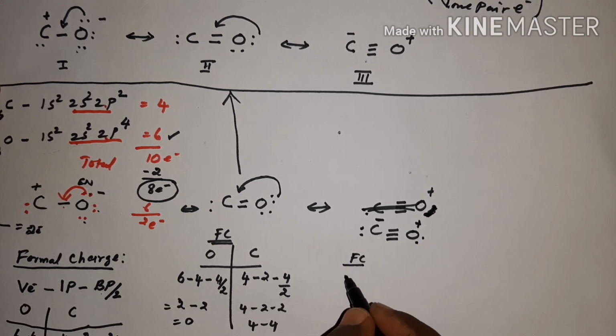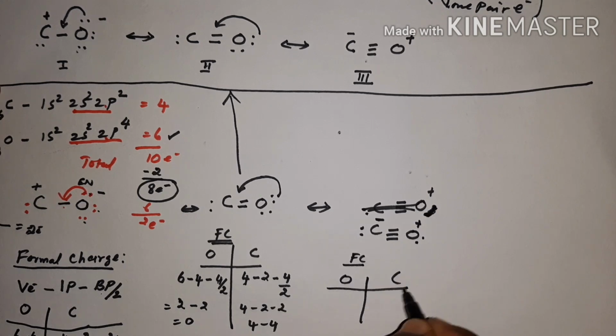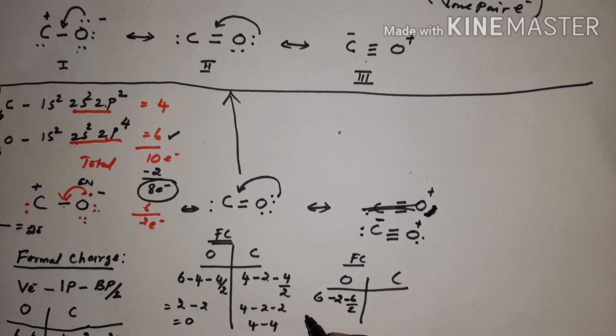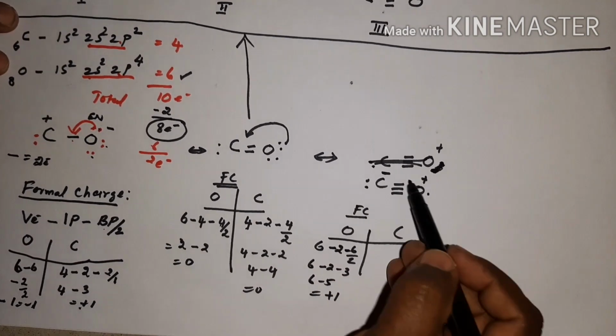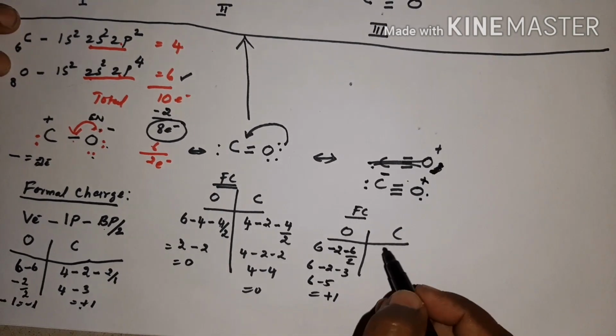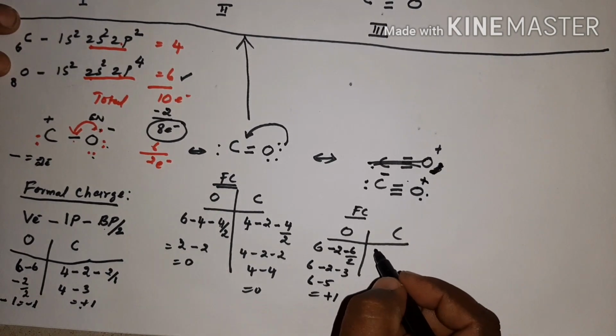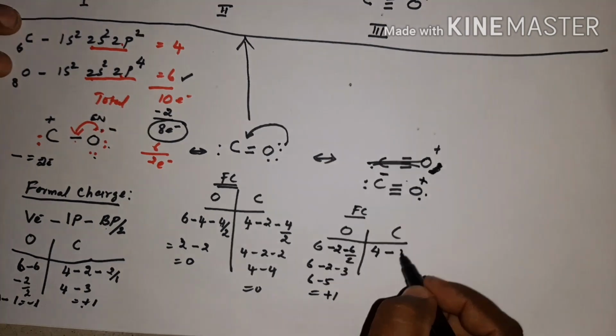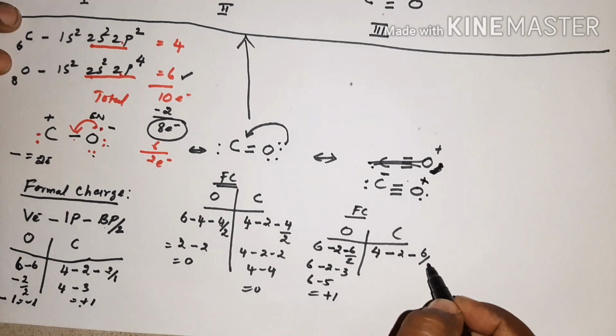You can understand for oxygen: valence electrons 6, minus lone pair electrons 2, minus bond pair electrons 6 by 2. So 6 minus 2 minus 3, that is 6 minus 5, which becomes plus 1. So this oxygen contains a positive charge. For carbon, valence electrons 4, minus lone pair electrons 2, minus bond pair electrons 6 by 2.